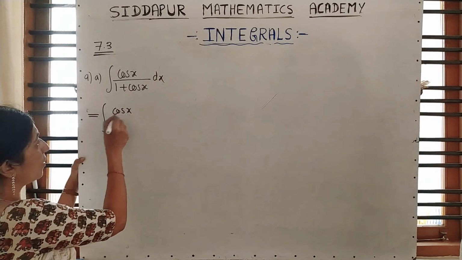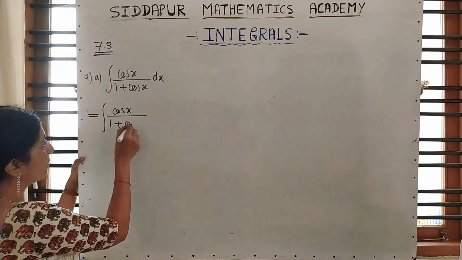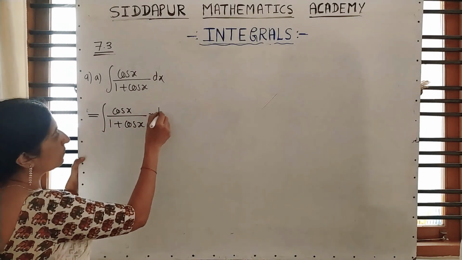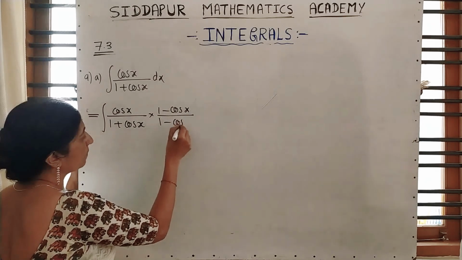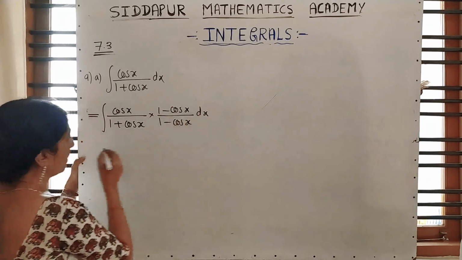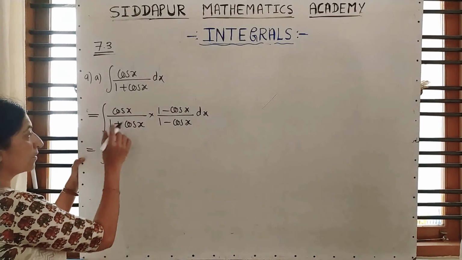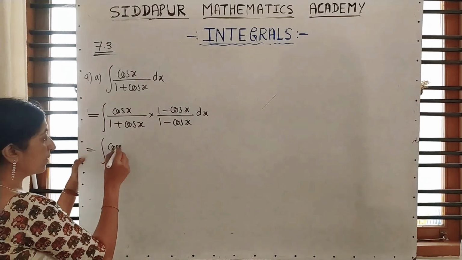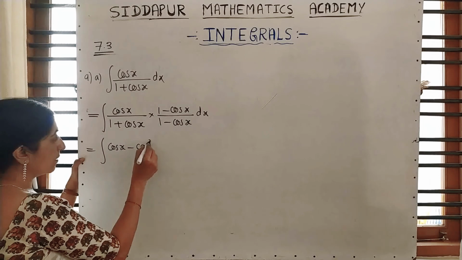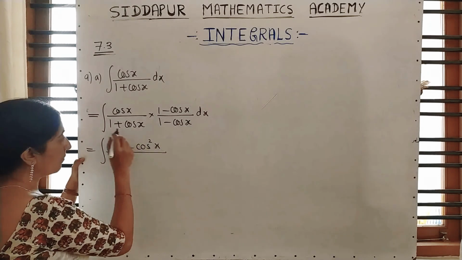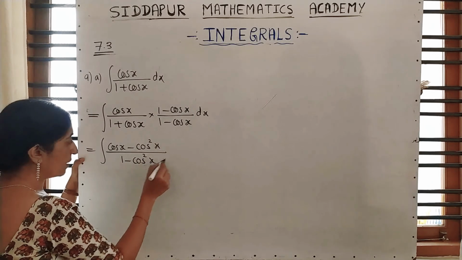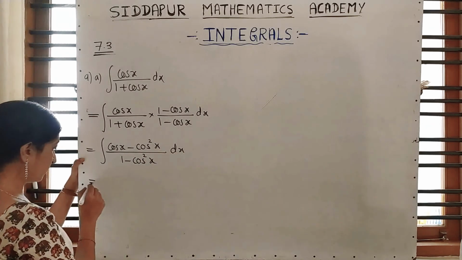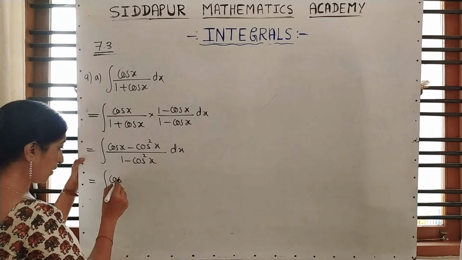Better you go for rationalizing the denominator. This is cos x minus cos square x divided by a plus b, a minus b, a square minus b square, cos x.